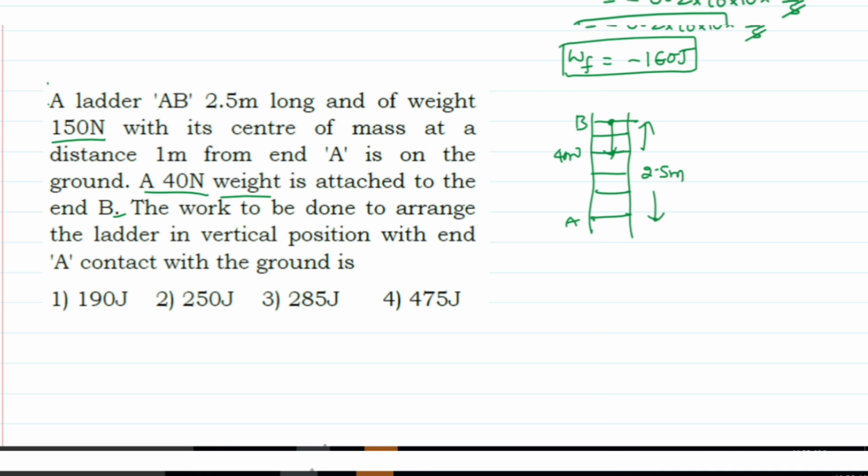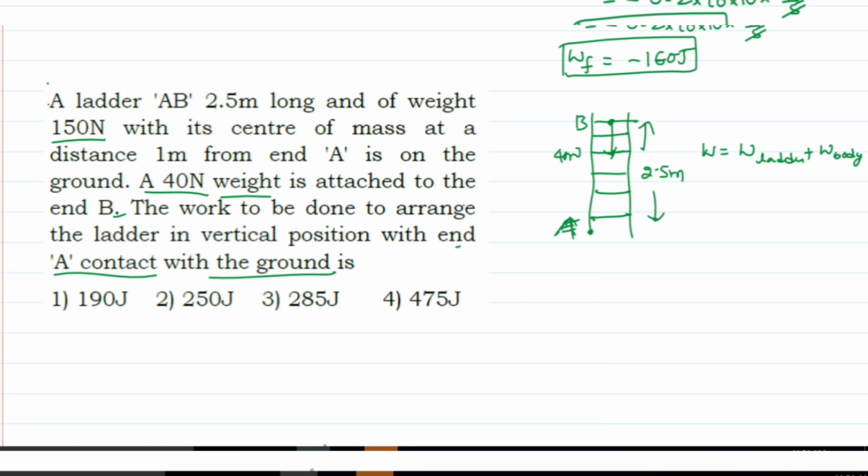The work done to arrange the ladder in a vertical position with the end A in contact with the ground. Here you can detect this end A is in contact with the ground, I have taken already. Now this is the work done to arrange the ladder in the vertical position. So total work done is nothing but the work done to keep the ladder in the vertical position, along with that, some work against the gravitational force.